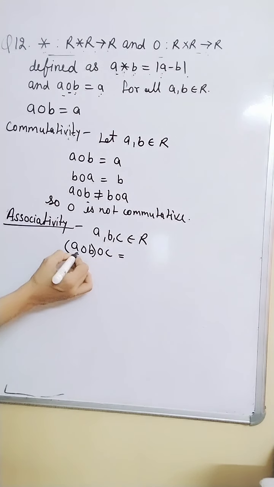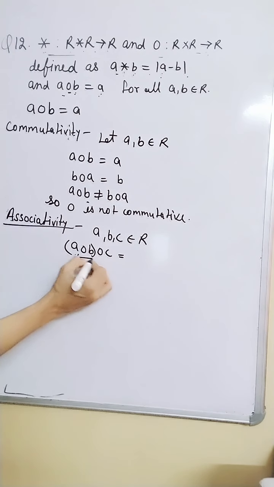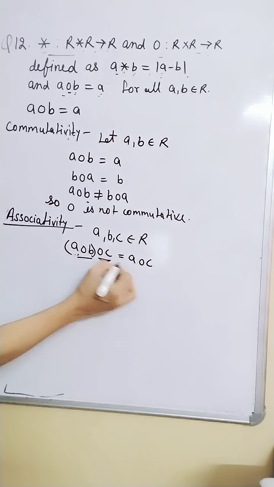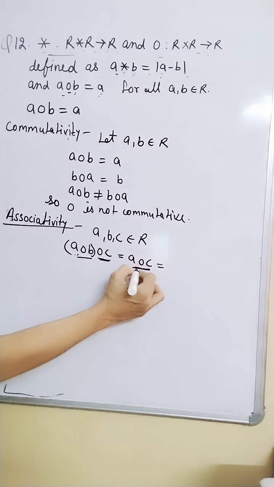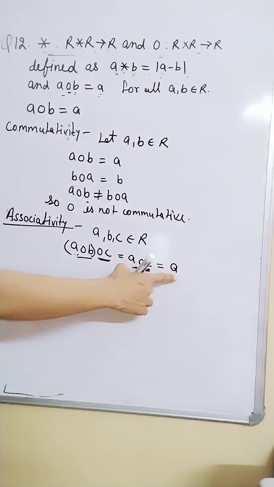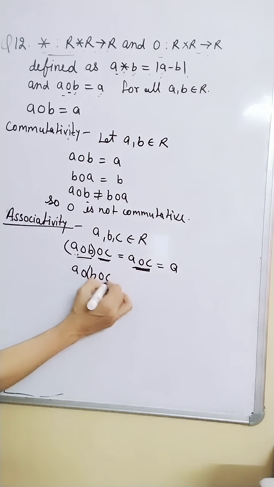So what is the result? A o B gives A, and C we write as it is. Now when you apply the operation between these two, you get A. So the result of this is A.